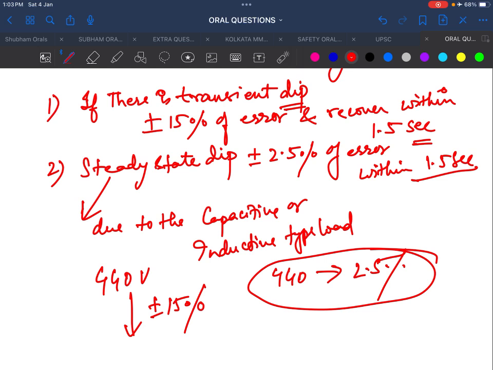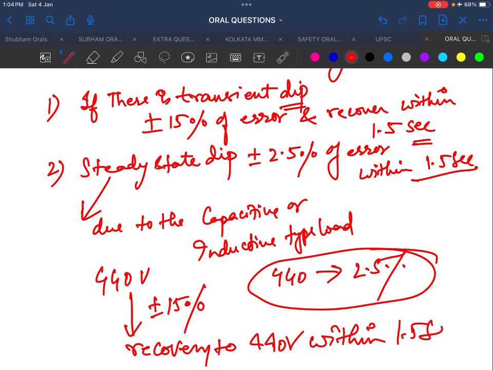So it can survive up to 15%, and recover to 440 volts within 1.5 seconds. So these are the AVR regulations. That is very important. You have to understand this one.